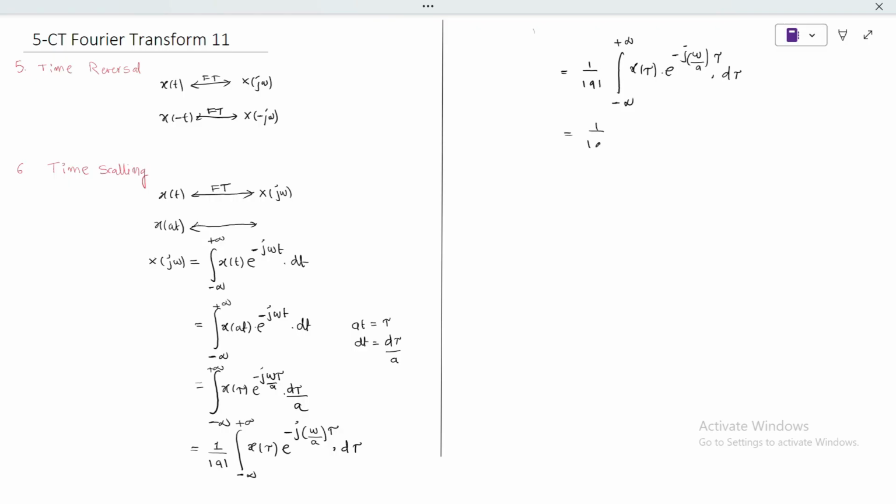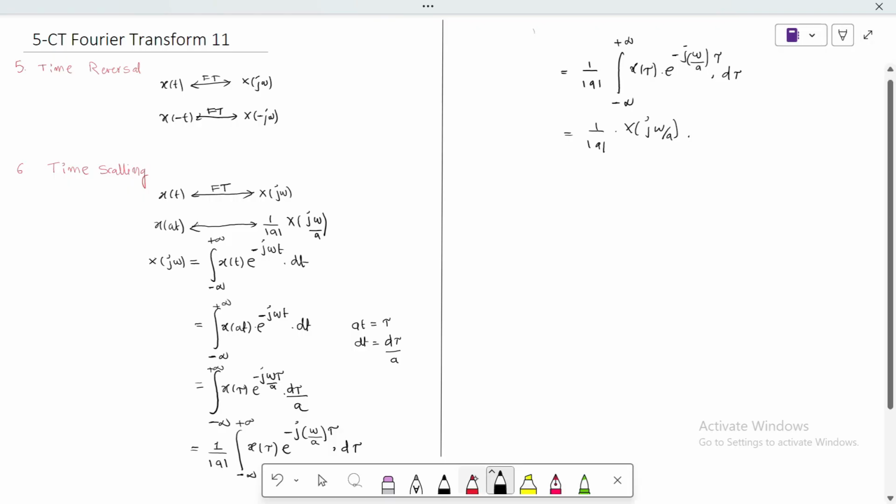So 1 by mod a times x of j omega by a. So this is the answer: 1 by mod a x of j omega by a. This is a very, very important property. Time shifting and time scaling are very, very important. That was the time scaling property.